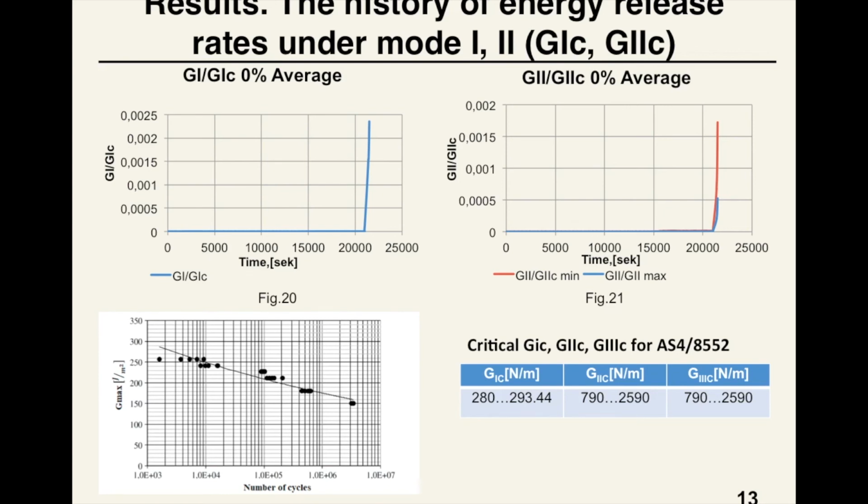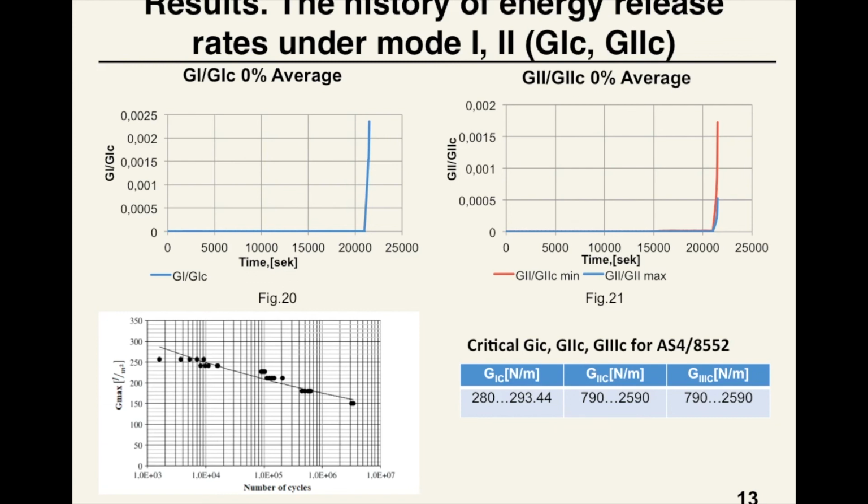The fatigue limit obtained for 3 million load cycles is 50% of the static critical energy for material AS4/8552. With the subsequent increase in the number of cycles, there is a possibility of a further decrease in the critical energy value. That is, the limit values of the fracture toughness during fatigue loading are typically orders of magnitude higher than the values realized in the sample by the residual stress.